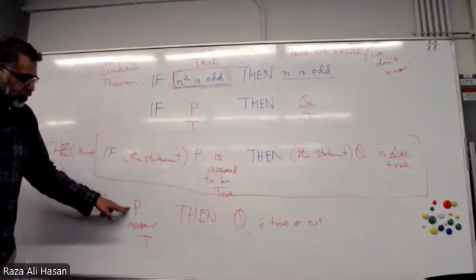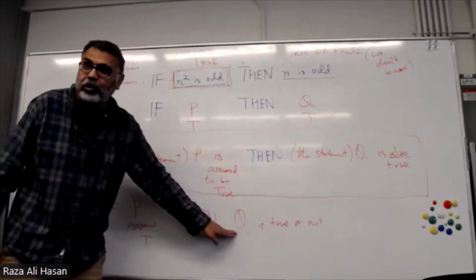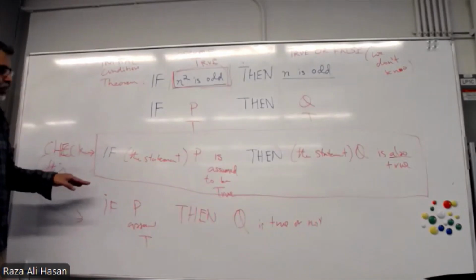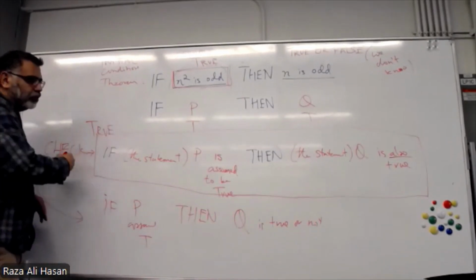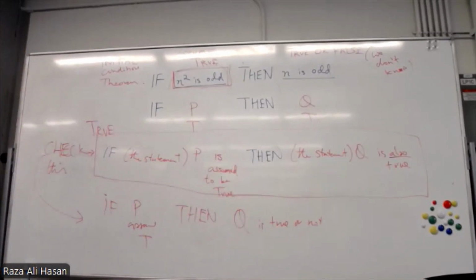We assume P to be true, and then we check if we assume P to be true, will Q be true or false? But the implication itself says this implication is true if this thing is true already.